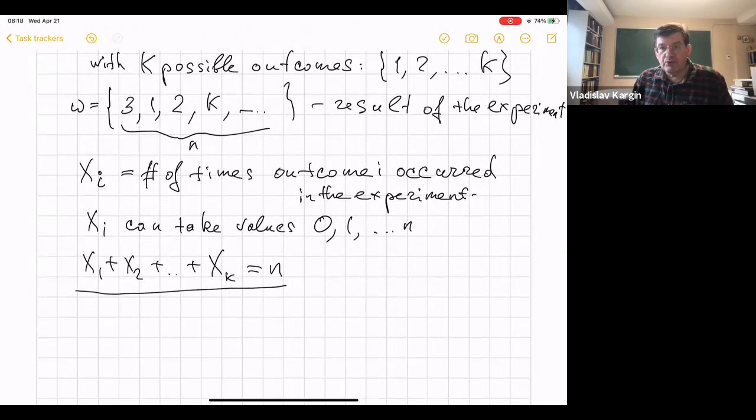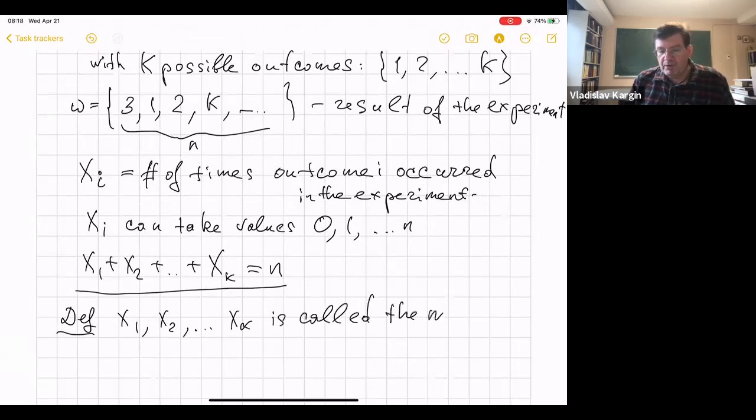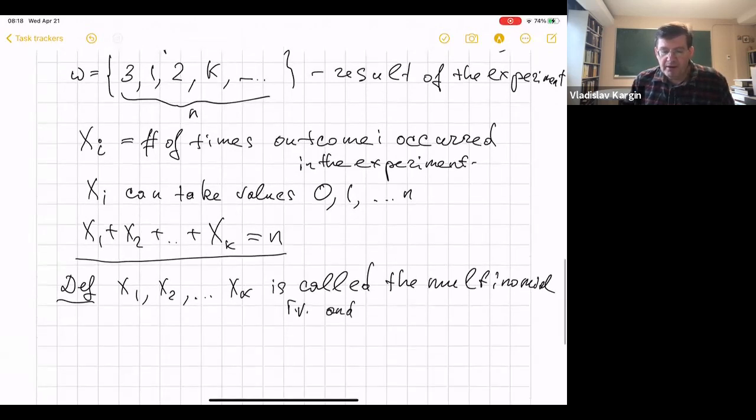x1, x2, up to xk. First of all, by definition, x1, x2, up to xk is called a multinomial random variable, and its joint PMF.